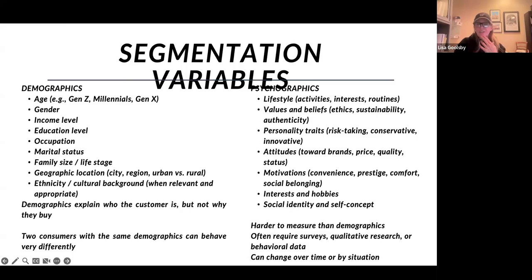That information is a little harder to come by, but very useful. It can change over time, and it can also change by situation, but it does help you to understand why consumers buy the products that they buy. So it gives you a lot more insight into the psyche of the customer.